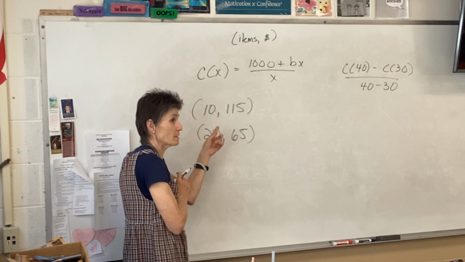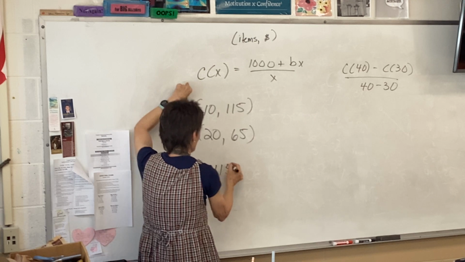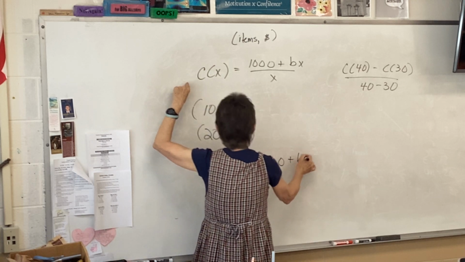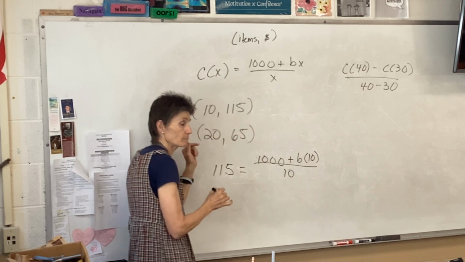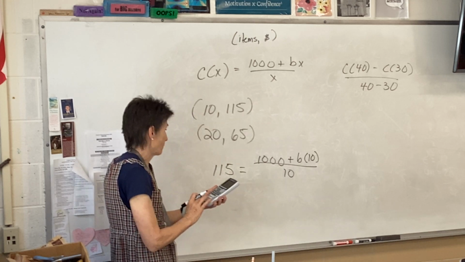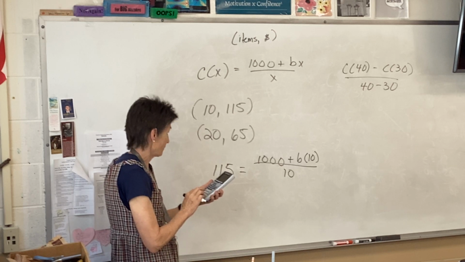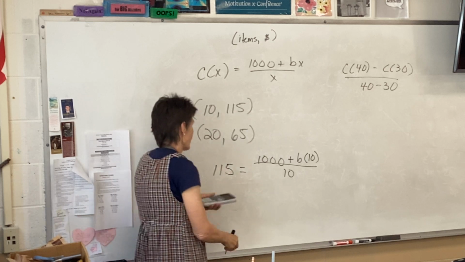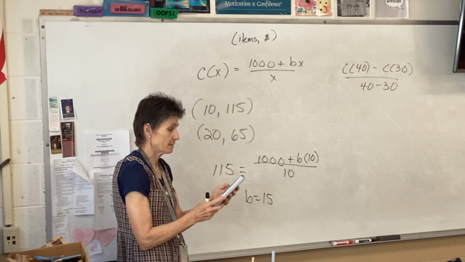Use one of these points. So 115, I'll use that one. 115 equals 1,000 plus B times 10 over 10. Remember, you have a calculator. I got 15, but I don't know if I did that right or not.